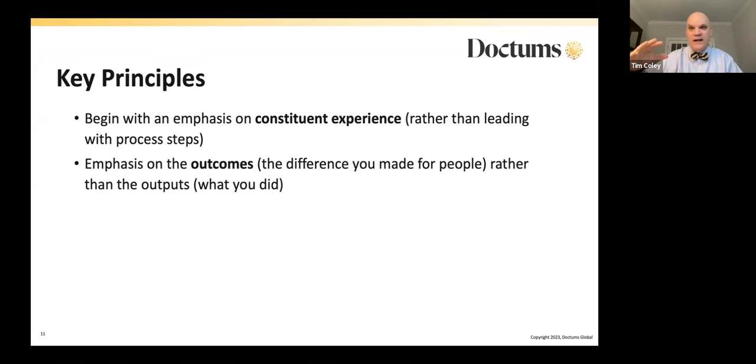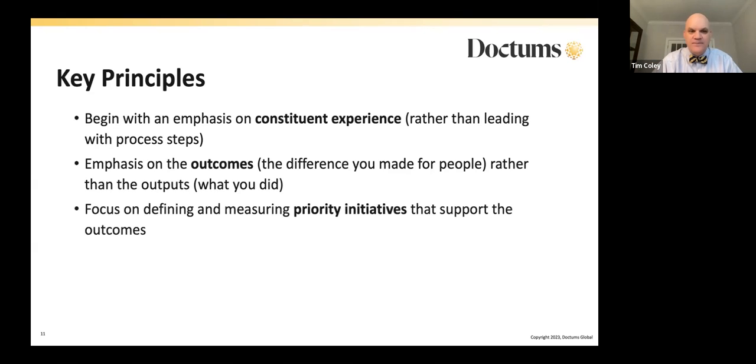And sometimes it's important to measure those outputs, and I don't mean to demean that, but we're thinking of it a different way. The difference you're making for people: what are they learning? What are your students learning? How are they growing? How about your employees? What are they learning, and what's their satisfaction with work? So that's what we mean by outcomes.